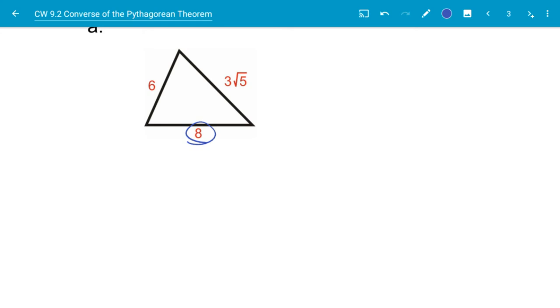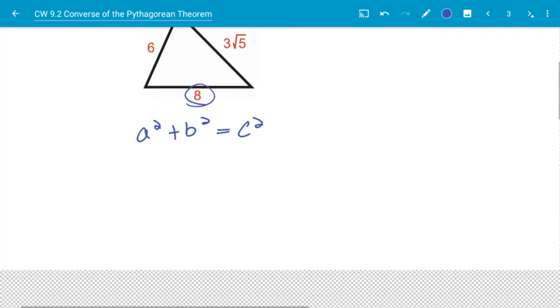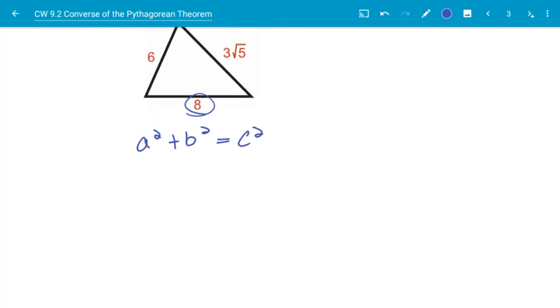So 8 is my longest side, so I'm going to say a squared plus b squared is equal to c squared. I'm just going to start out with the Pythagorean theorem and then evaluate it when I get to the end. So I have 6 squared plus 3 square root of 5 squared is equal to 8 squared.